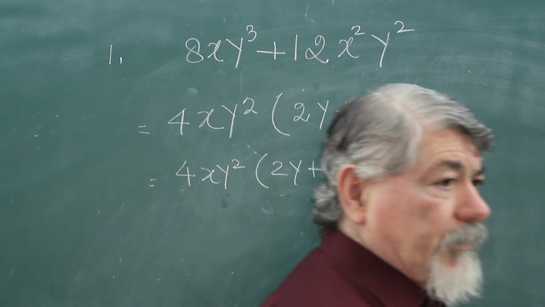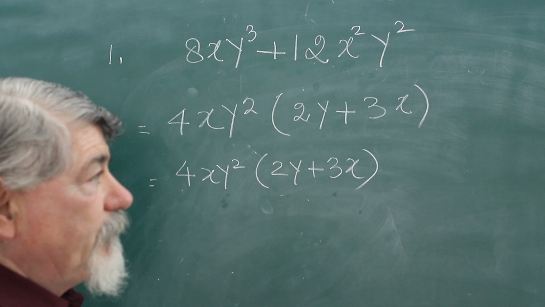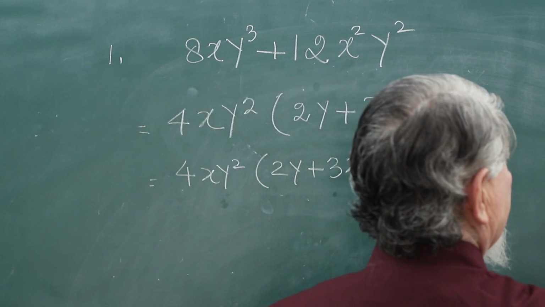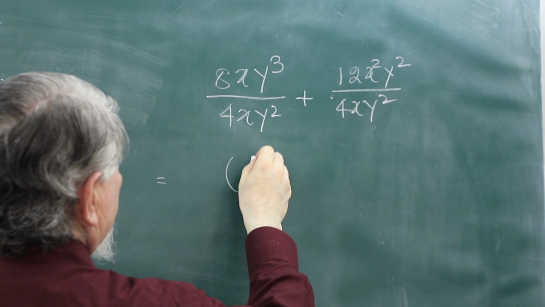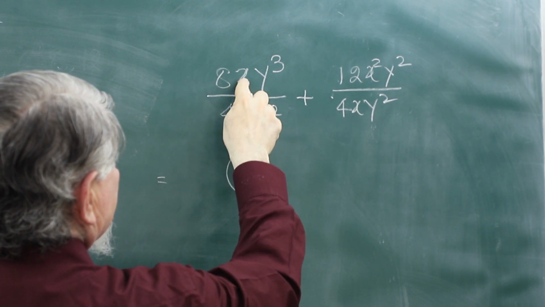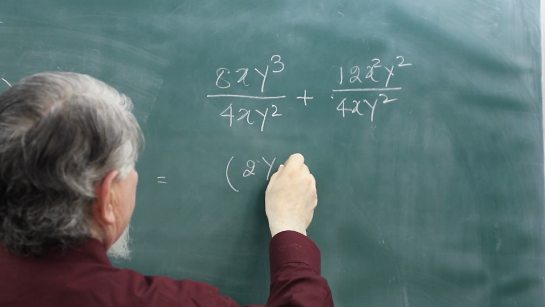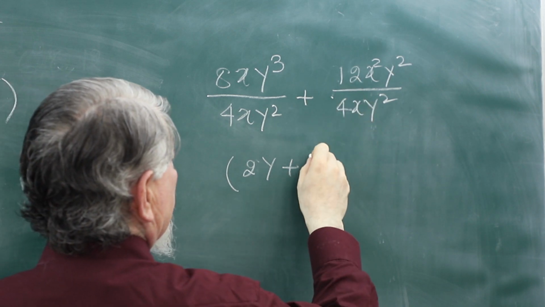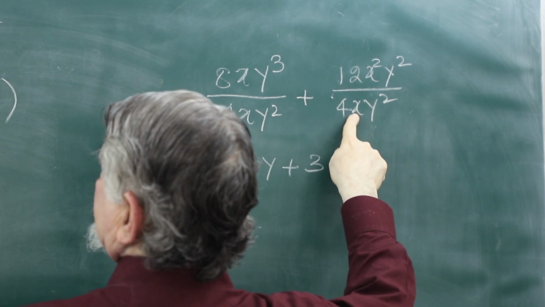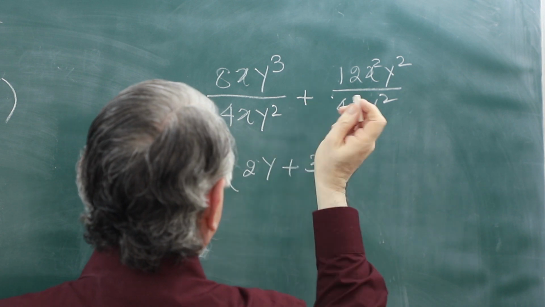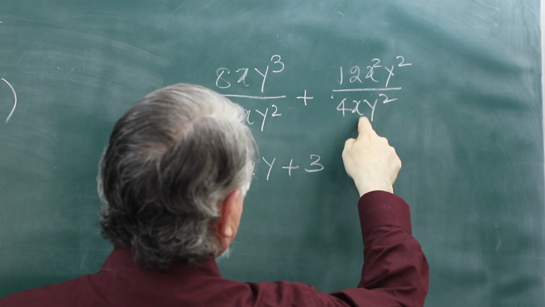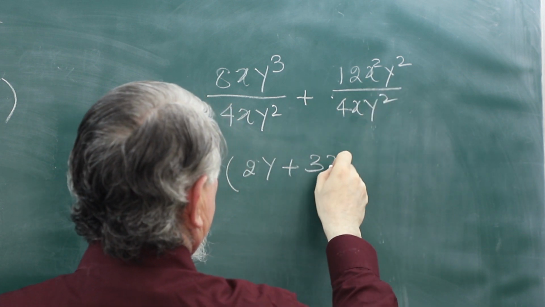I am dividing each term individually by whatever I have taken out common. So what will I get? Here 2, 4 2s are 8, x will cancel, y will remain, plus 4 3s are 12, x square will, we have taken y square common, y square will cancel, and x and x.